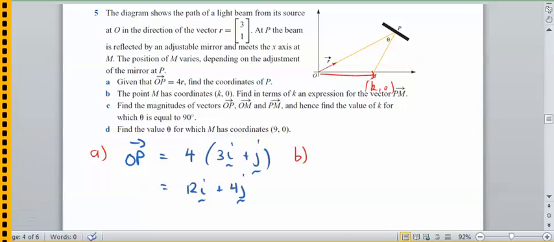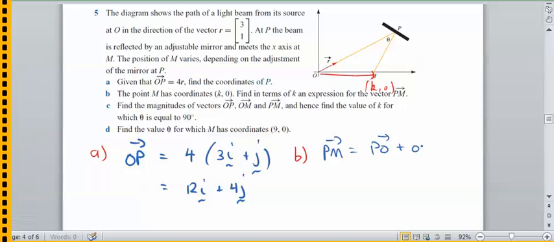Now, PM is equal to PO plus OM. Considering OP was 12i plus 4j, PO is negative 12i minus 4j.